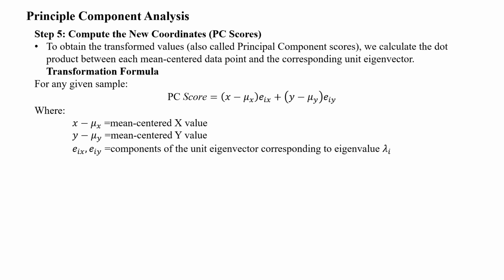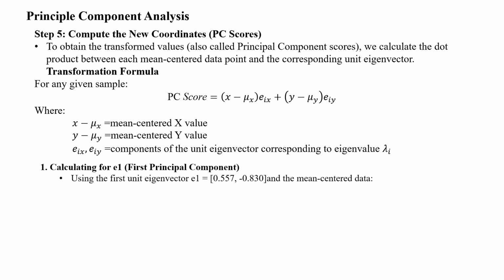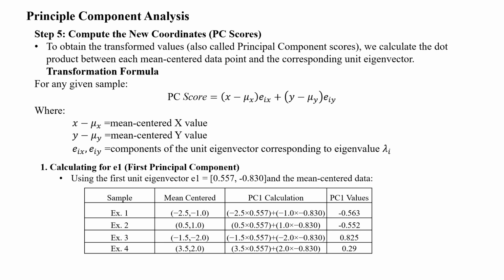Now let us calculate for E1, the first principal component. We use the first unit eigenvector (0.557, -0.830). And the mean-centered data is given below.